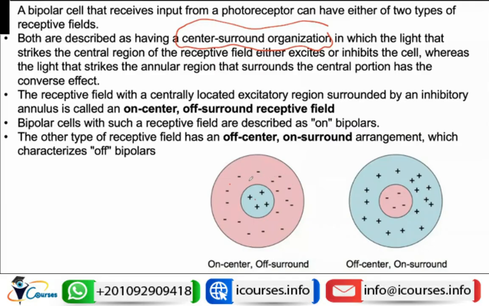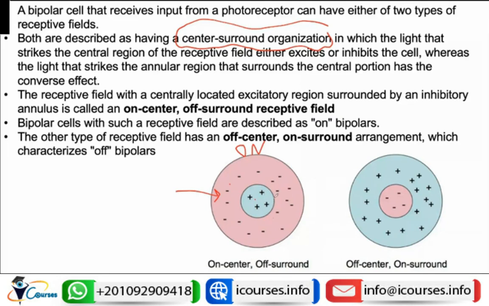The inhibitory surround means that stimulation of this periphery will cause inhibition of these bipolar cells. If the center is excitatory and the periphery is inhibitory, it is called on-center off-surround, or we can call it an on cell. So we name the cell by the name of its center.